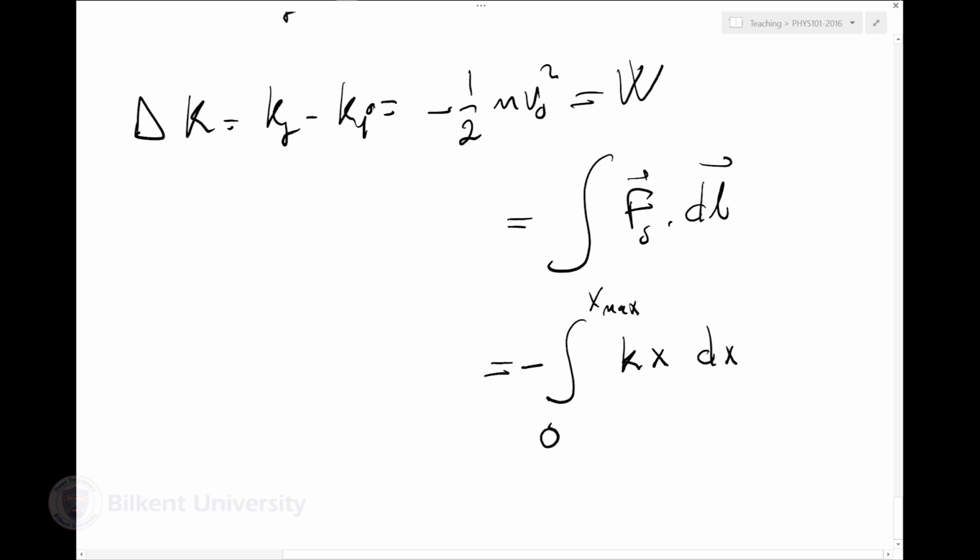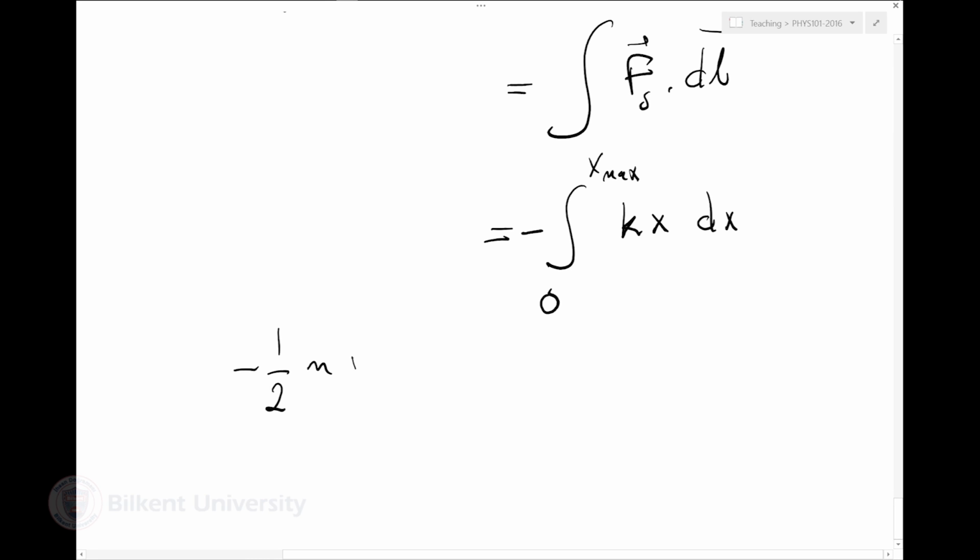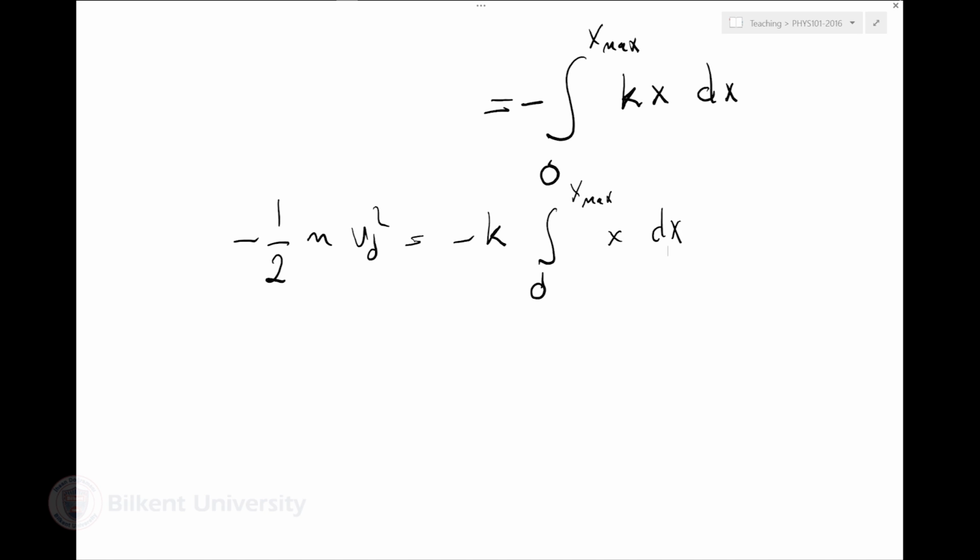So minus 1/2 m v0 squared is minus k, which is a constant, the spring constant, right, times the integral from 0 to x max of x dx. The integral is very trivial, it's x squared over 2.